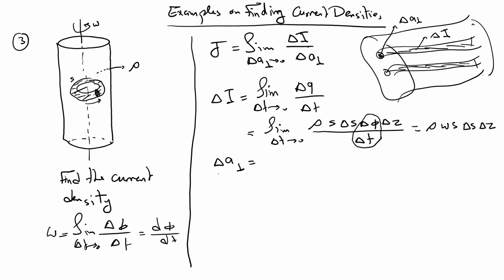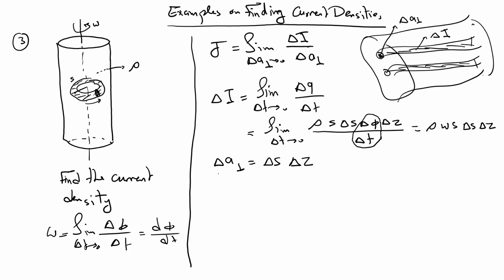Because the charges are rotating. So the area element you can write down can be read from the line element by just multiplying the coefficients of S hat and of Z hat, right? So the distance along the S hat direction is delta S, and the distance along the Z hat direction is delta Z. So this is the area element perpendicular to phi hat, which is the direction of the flow of the charges.